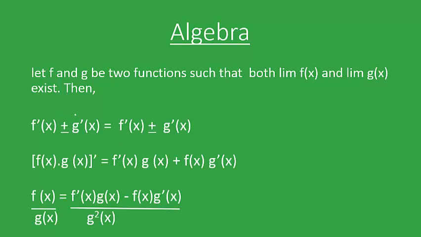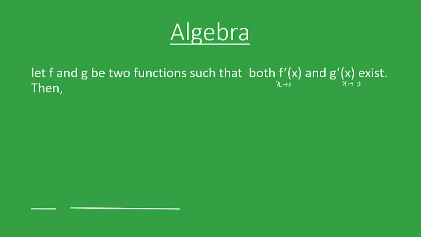So now we have a similar but more involved definition for the algebra of the derivatives, which says that if we have two functions f and g, let f and g be two functions such that both f dash x and g dash x exist at say x equals a.